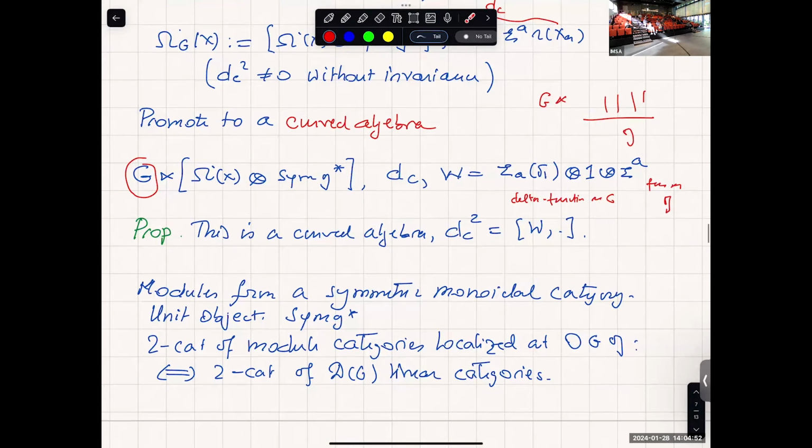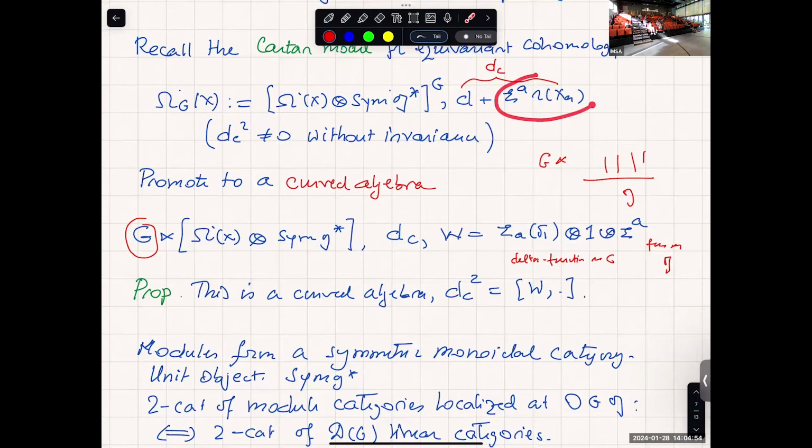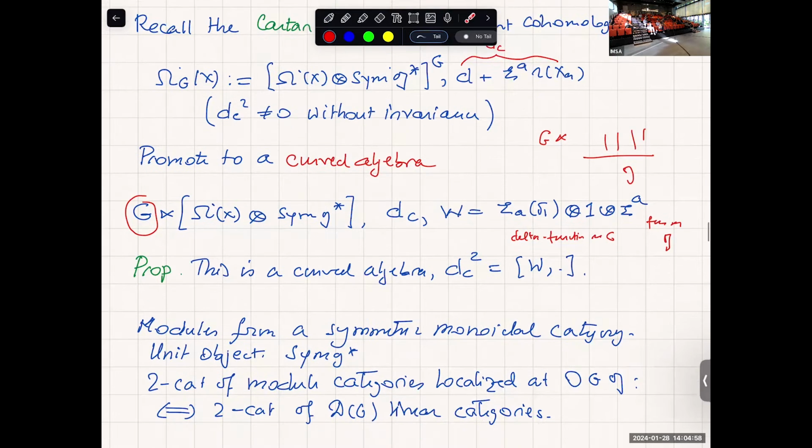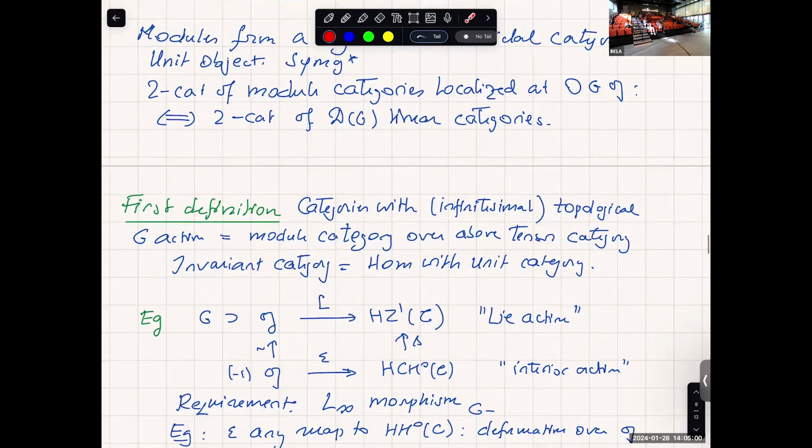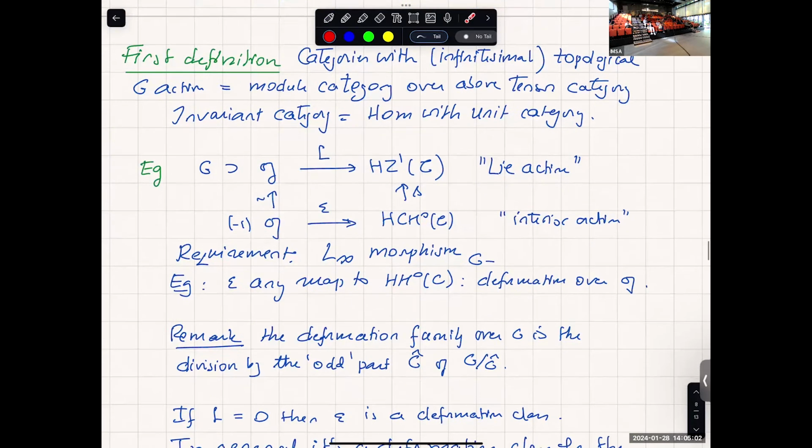In the Cartan case, this is epsilon, and this is a derivation of degree -1. So yes, it's a 0 cochain, a Hochschild cochain. So this map doesn't have to be linear. In an interesting case, it will not be. As I say, it could be any function, any superpotential.